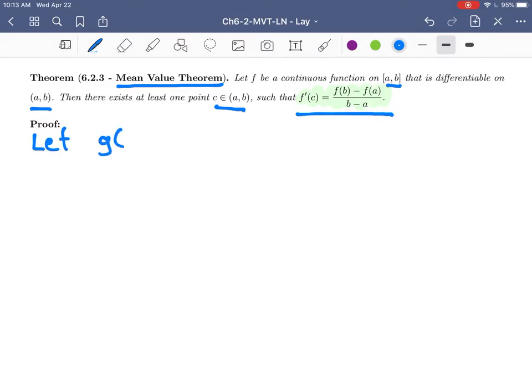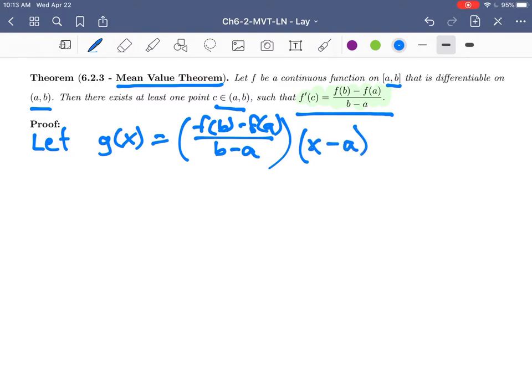Let g of x be equal to f of b minus f of a over b minus a. Right? So that is the slope of the line between the two endpoints a and b. We can use the point slope formula, so x minus a plus f of a.